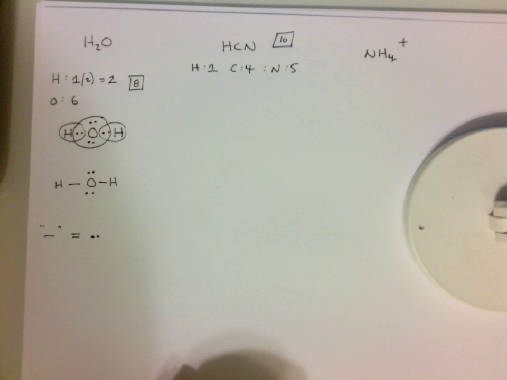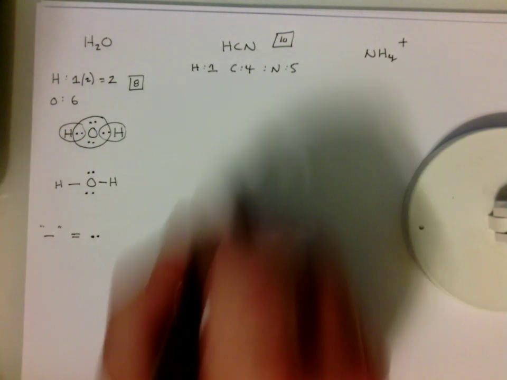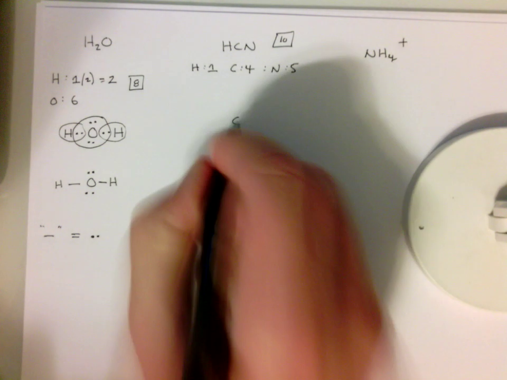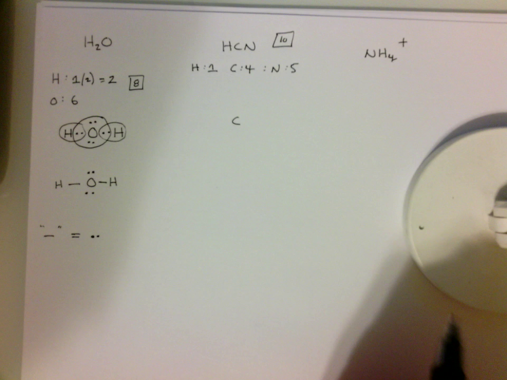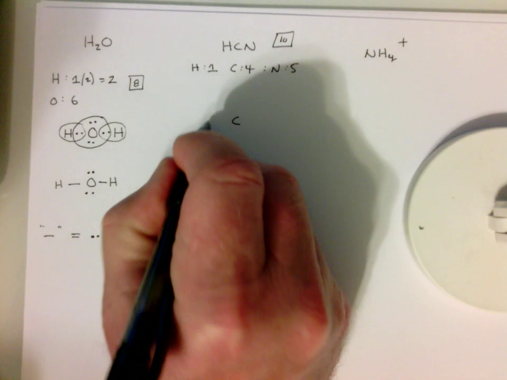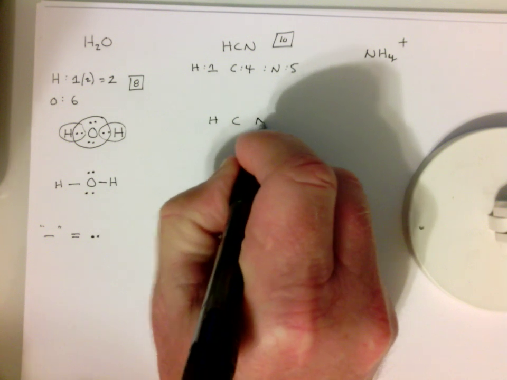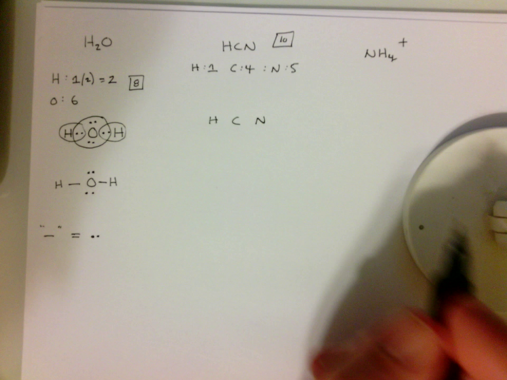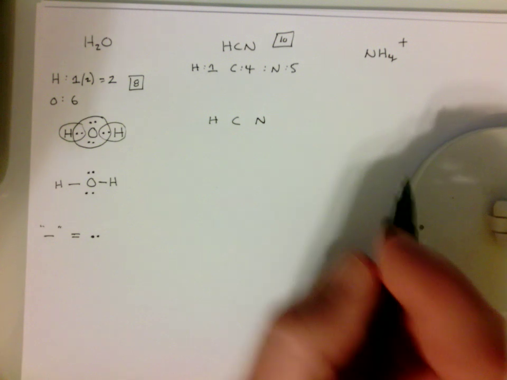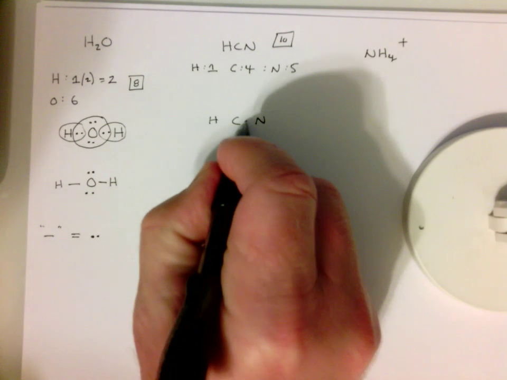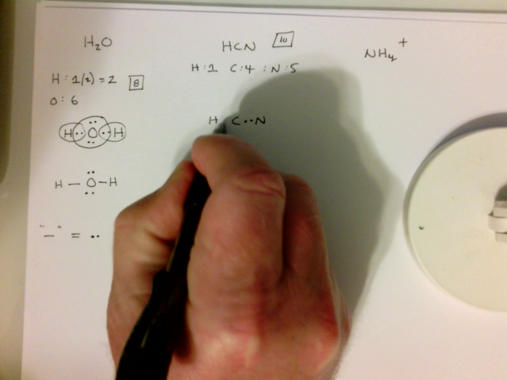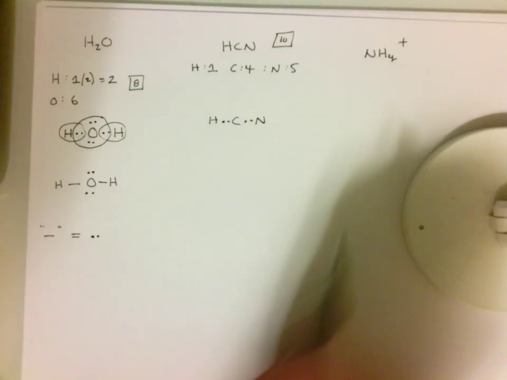Place our least electronegative atom in the center, but never hydrogen. Carbon is slightly less electronegative than nitrogen, so carbon goes in the middle. I'm going to put hydrogen on one side and nitrogen on the other. I'm going to use 2 of my 10 electrons to bond the carbon and the nitrogen, and 2 more to bond the hydrogen and the carbon.